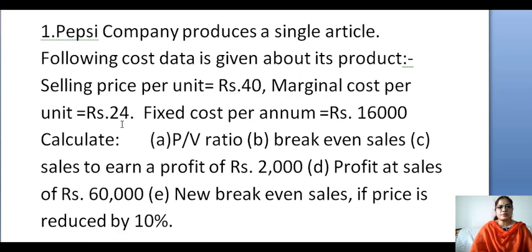Marginal cost per unit equals rupees 24. Fixed cost per annum equals rupees 16,000. Calculate PV ratio, break-even sales, sales to earn a profit of rupees 2,000, profit at sales of rupees 60,000, new break-even sales if price is reduced by 10%.